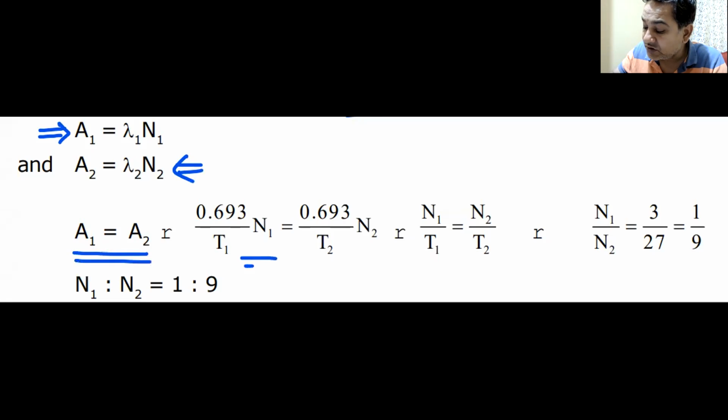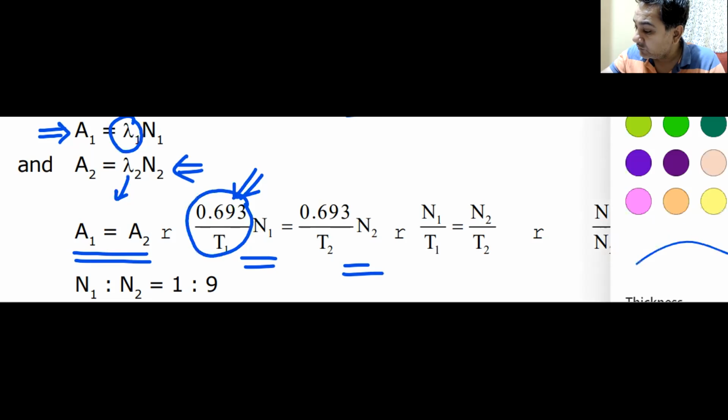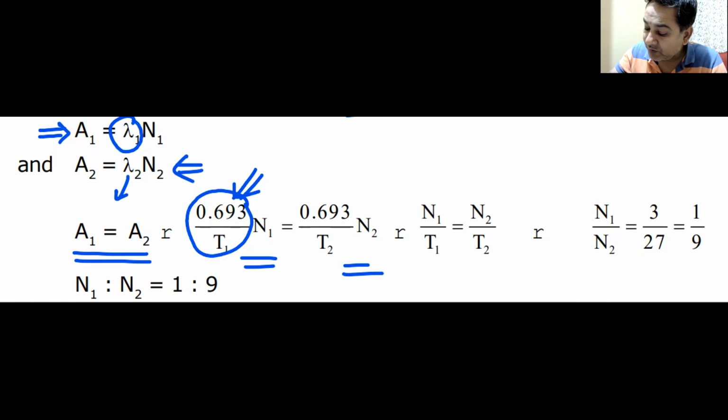So I equate these two. The value of lambda is 0.693 by t half. We understand this? Yes, sir. That's it. We put the value of lambda 1 here. Then I use a different color pen. I put the value of lambda 2 from here to here.